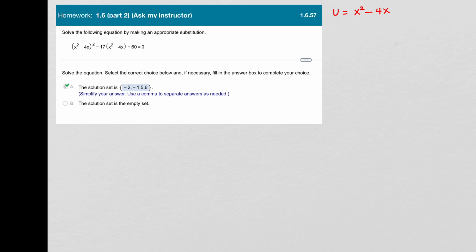So now when I write my equation, I have u squared minus 17u plus 60 equals 0. And now I can factor that.